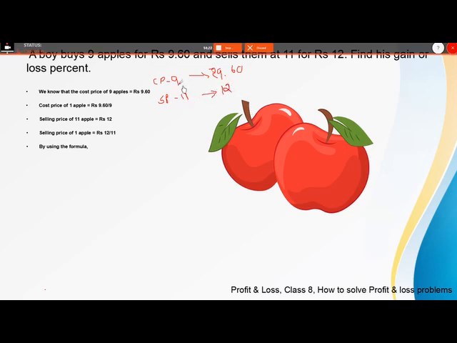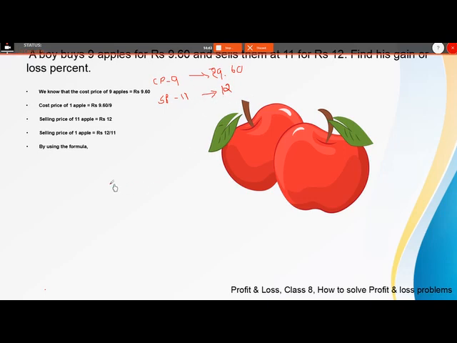So 9 apples he bought for 9.6 rupees and he sells 11 apples for 12 rupees. I hope you got that. This is a little tricky. He bought 9 for 9.60 rupees and sold 11 for 12 rupees.